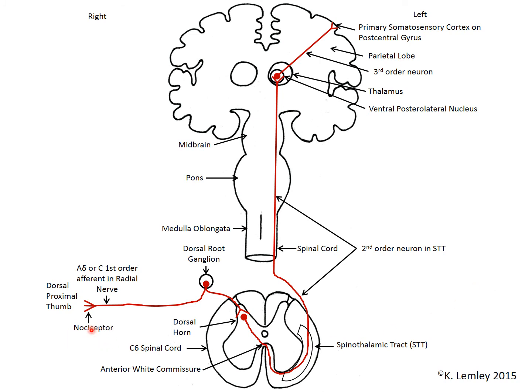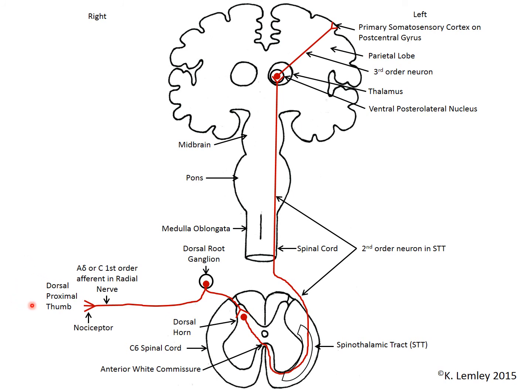So you can see over here we have our nociceptor. That's receiving the information that something is causing tissue damage or potentially causing tissue damage. It's going to open up modality-gated channels, which is going to cause action potentials to be generated if there's sufficient summation in my A delta or C first order afferent.